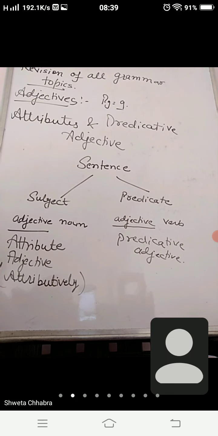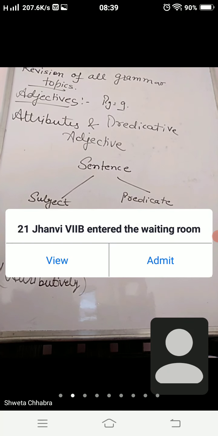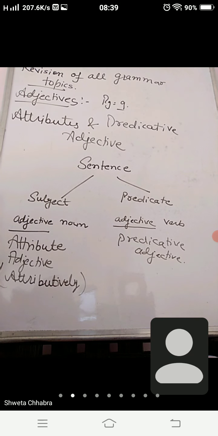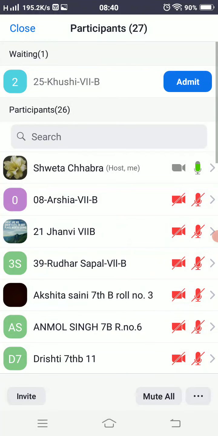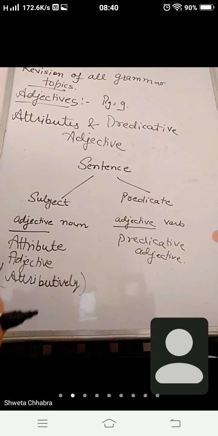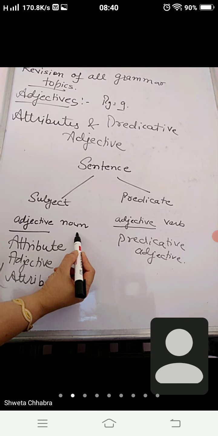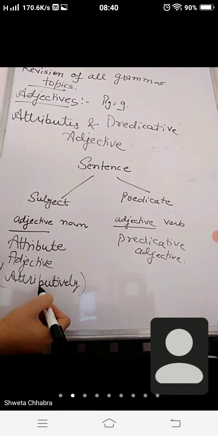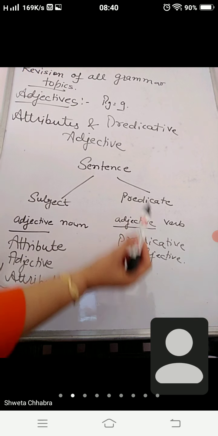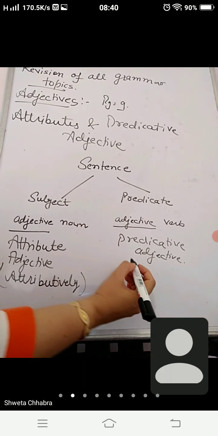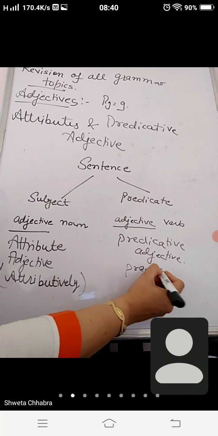So within 2-3 minutes you can understand this concept, and this is a very important concept because it is introduced for the first time. Okay, divide the sentence into two parts, subject and predicate, and when an adjective is used before a noun, it will be attributive adjective, attributively, and when an adjective is used with a verb, it will be predicative adjective, or used predicatively.